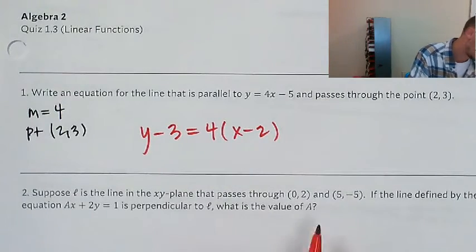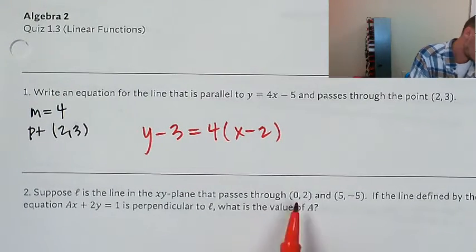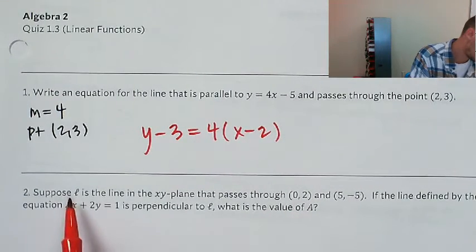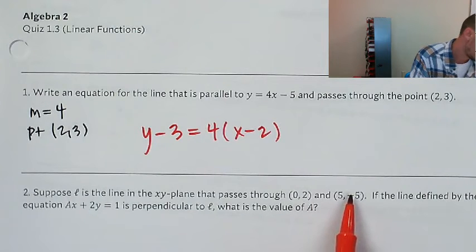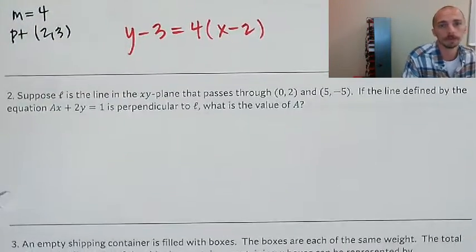And, okay, over here. Here we've got 2 points, the line L goes through these 2 points. This line is perpendicular to that line. Okay, so I need to find the slope of that line.